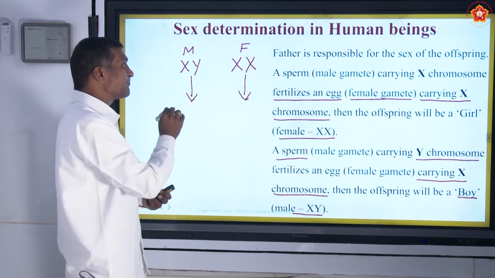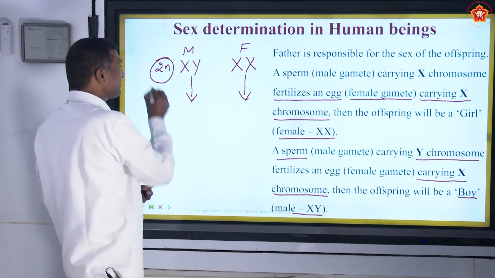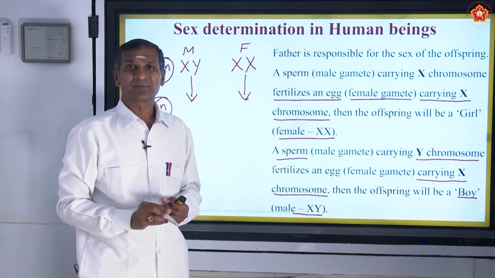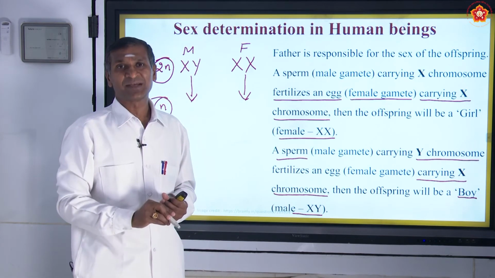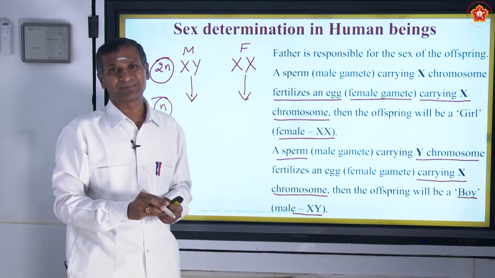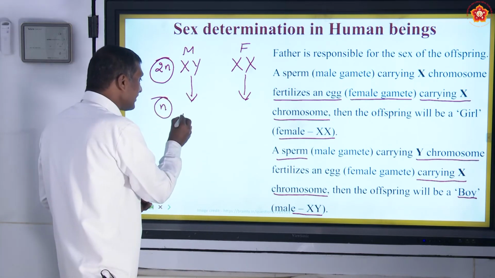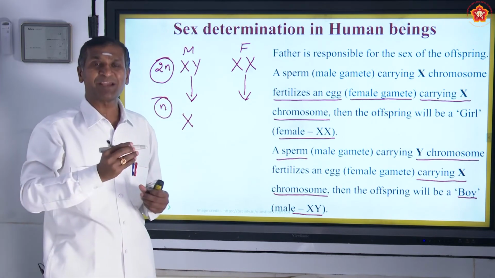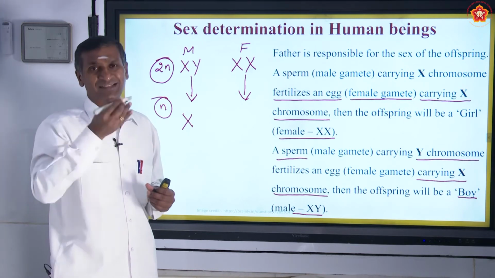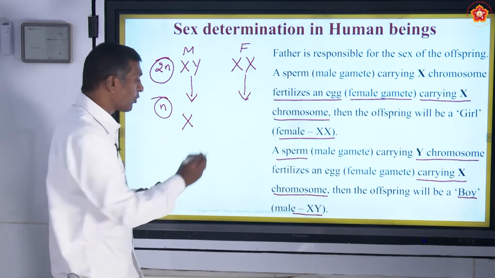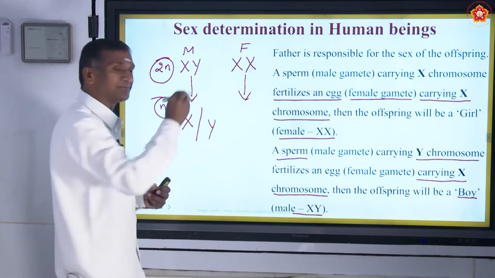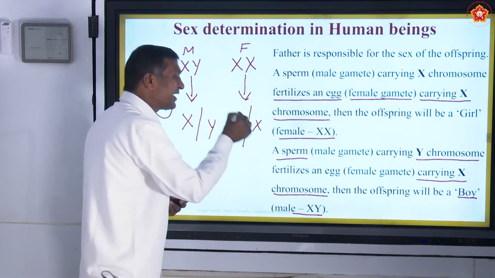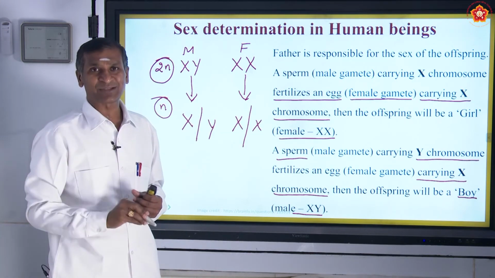The diploid number 2n gets reduced to n by meiotic cell division, reproductive cell division, reductional cell division, where the X also can be obtained, matured. We may get from male either X in the matured form, or we may get Y. Whereas in female, the matured gamete will be X only.